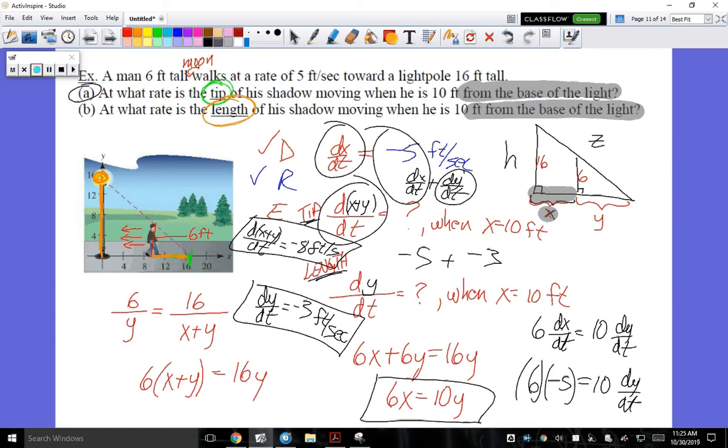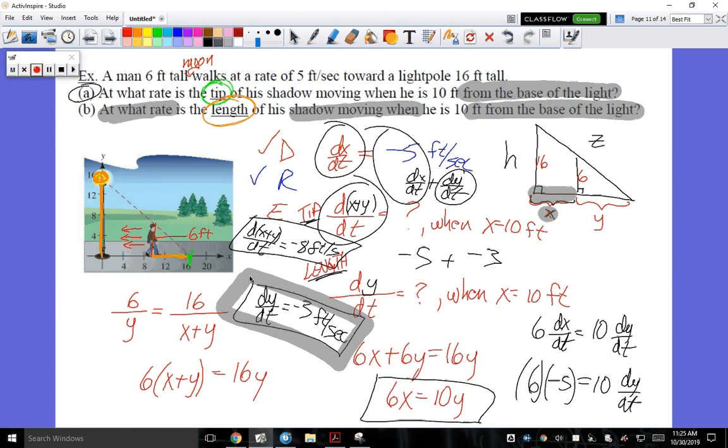Listen carefully. On the test, you also have free response questions where I want you to describe it in words. So if I said, in sentence form, at what rate is the shadow moving? This is very important.